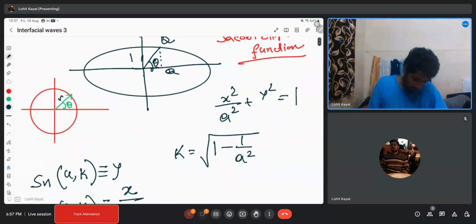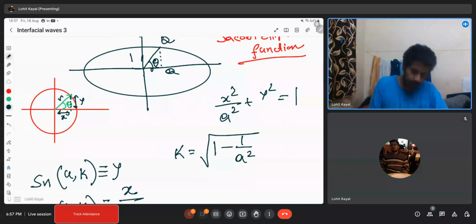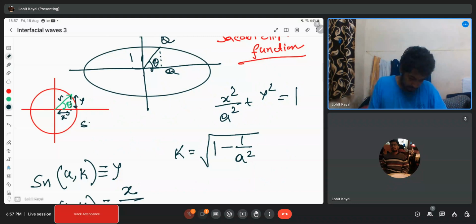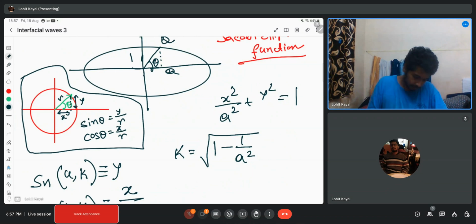If you take projection, then this distance is x and this distance is y. So sine theta equals y over r, cos theta equals x over r. This is the basic trigonometry, and we know the identities using sine theta and cos theta.